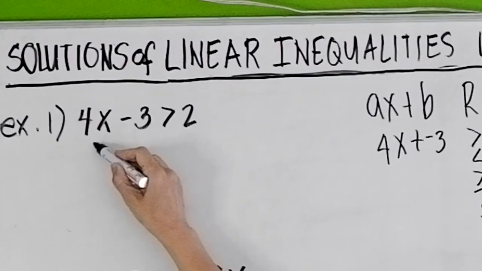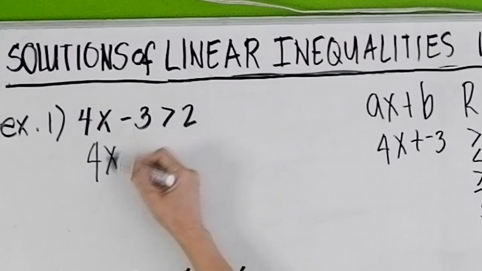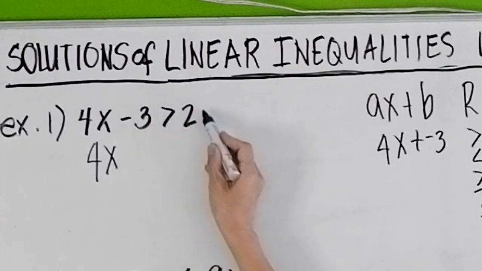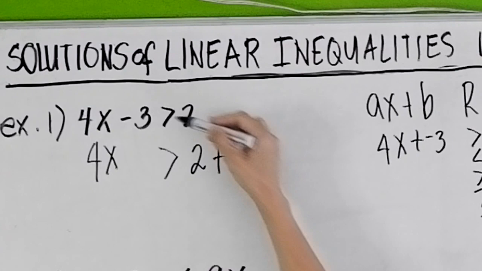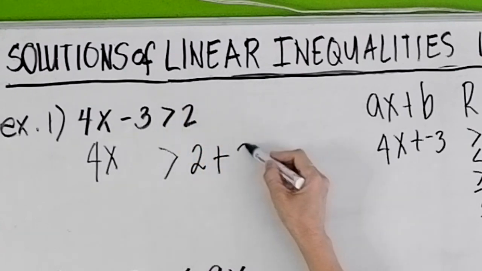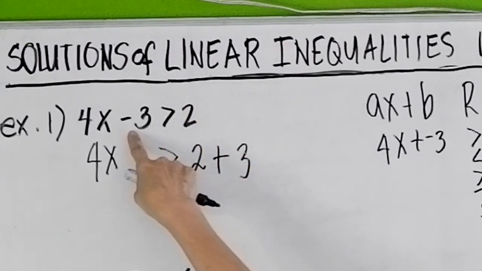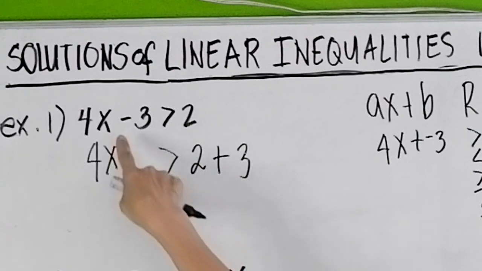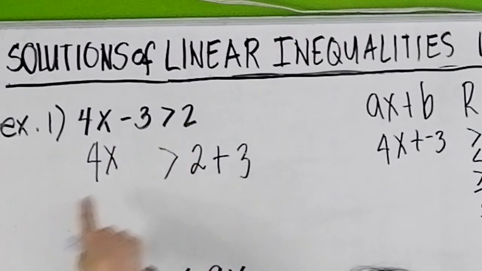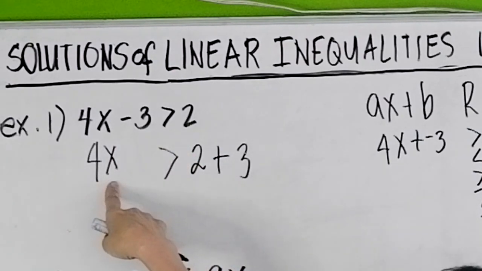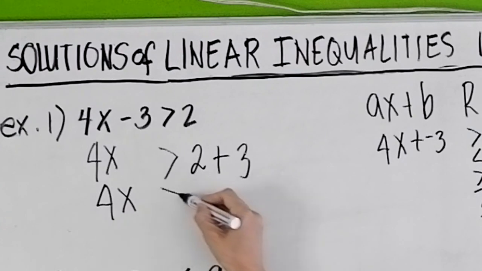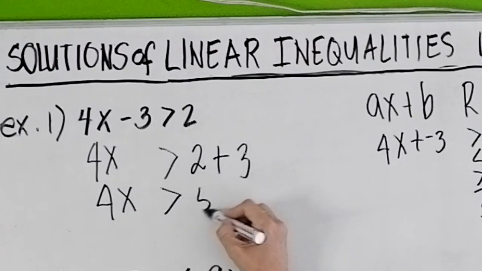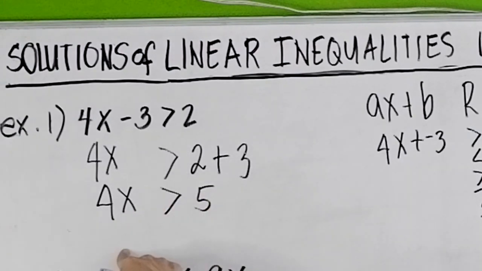So, you can transpose negative 3 to the other side so that you can combine all the constants on one side, 2 and positive 3, and leave the expressions with x on one side. After that, simplify. 4x is greater than 2 plus 3 is 5. Then isolate x.